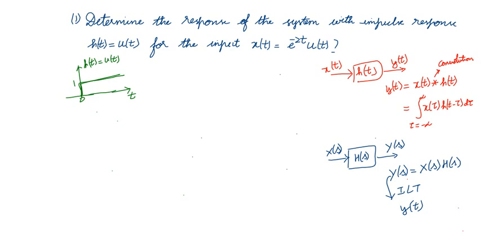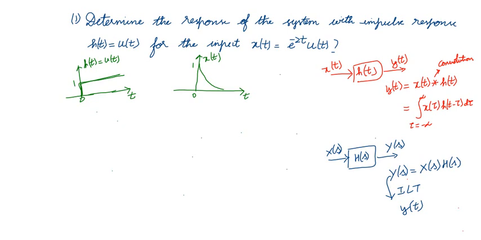You can see it is an exponentially decaying signal. This is your x of t. u of t indicates the positive values of time; for negative values of time, x of t is 0. When t is 0, e power 0 is 1, and as time increases, it is an exponentially decaying signal.